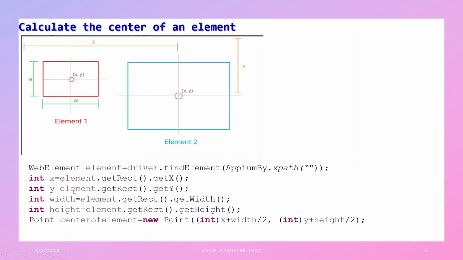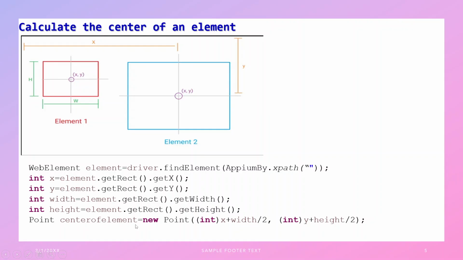And by using element dot get rect dot get y, I am getting the y value, that is this top corner. By using these two, I am getting the top corner, the location. And by the same method get rect dot get width, I am getting the width of this element, and by using dot get height, I am getting the height of the element.